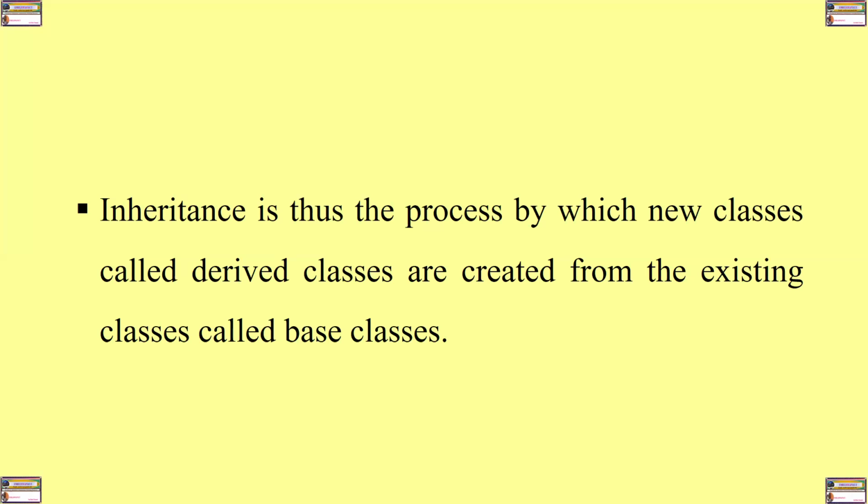The derived classes are those classes whose members have been inherited from the base classes. In other words, a base class contains the members, both the data and the methods, that the derived classes reuse.